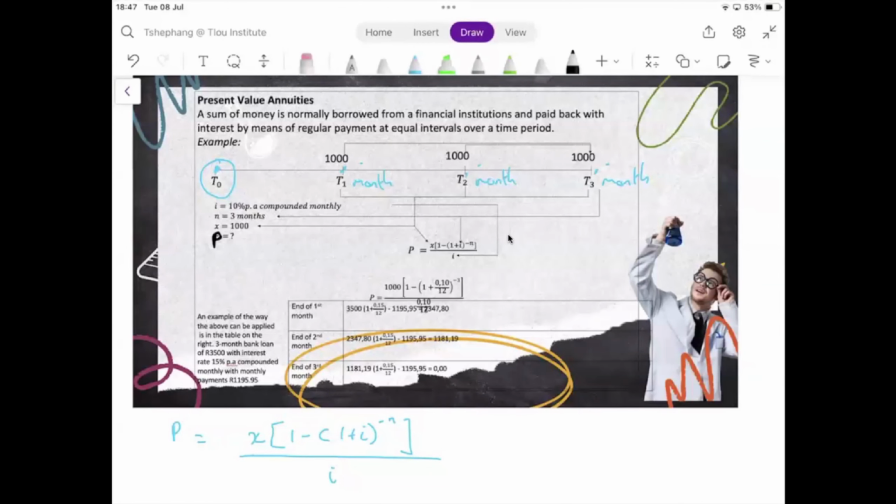Why do we say negative N? That's a great question. We say negative N because you cannot keep paying forever. Imagine if you took a loan, maybe for 10,000 rands, they granted you the loan and you agreed that you're going to pay them 500 rands every single month. But then you never stop paying them. That's very much unfair, right?